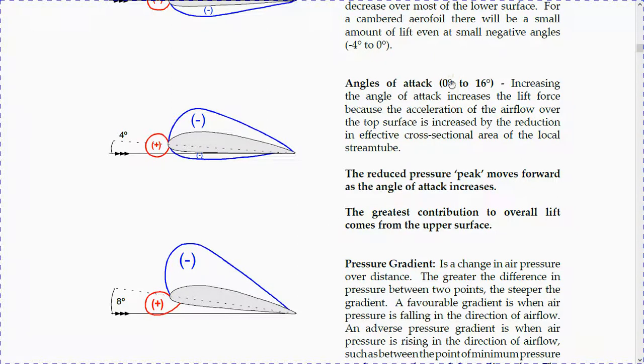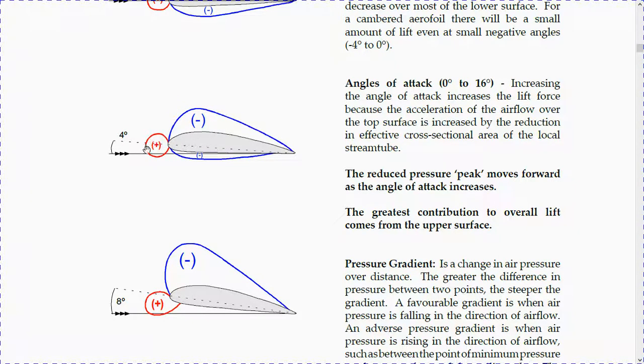Then from angle of attack alpha 0 to 16 degrees, increasing the angle of attack increases the lift force because the acceleration of the airflow over the top surface is increased by the reduction in effective cross-sectional area of the local stream tube. As we were saying before, we have to imagine the stream tube here, and it reduces the cross-sectional area.